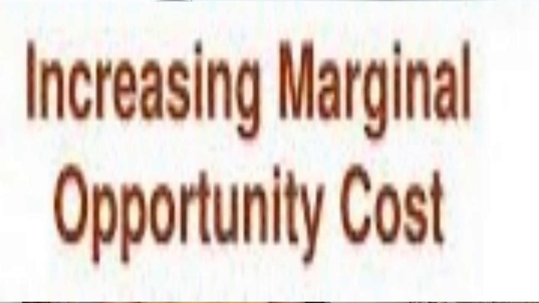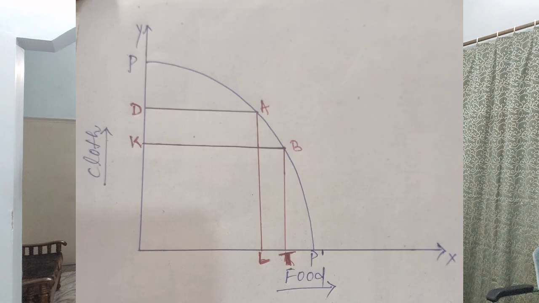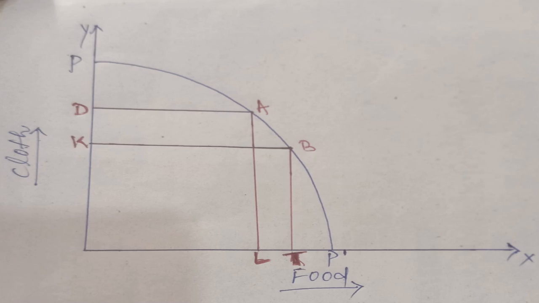That is, the additional sacrifice the economy makes when it shifts resources from one commodity to another. Take for example, the economy decides to produce more amount of food, then it has to sacrifice some amount of cloth.